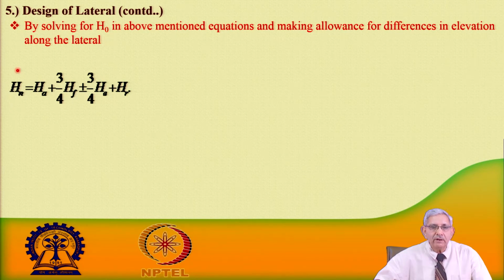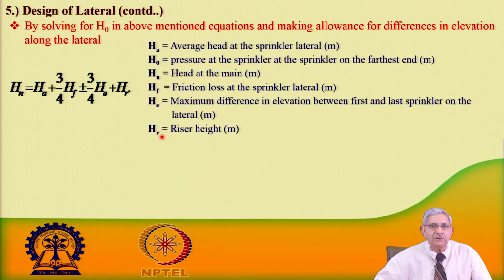So, this particular expression takes care of the average pressure, the head loss due to friction, and then plus or minus 3 by 4 H E. H E is the head due to elevation, the maximum difference in elevation between the first and the last sprinkler.